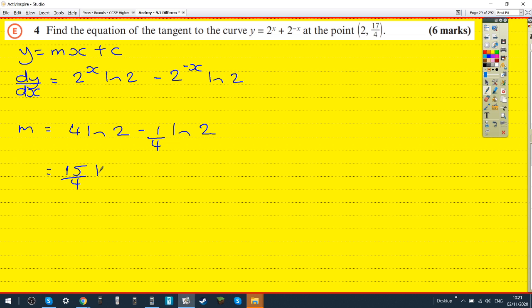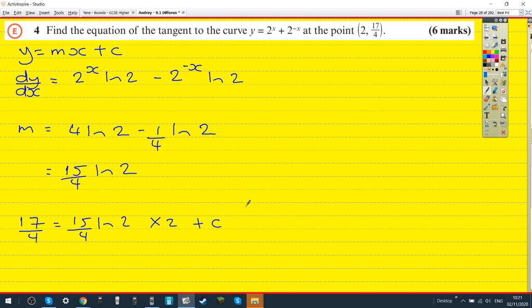And so now to get c, do I just now do 17 over 4 is equal to 15 over 4 ln 2 times 2 plus c? Yep. And I'm guessing I should try and solve this without putting it into my calculator here.